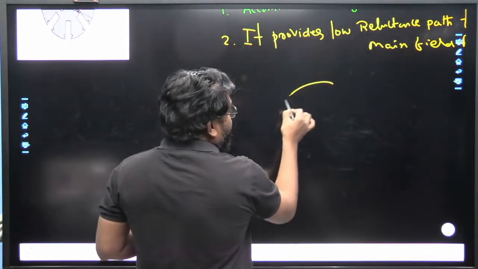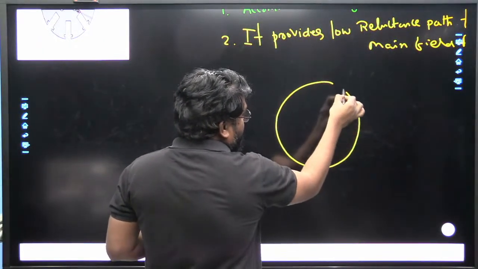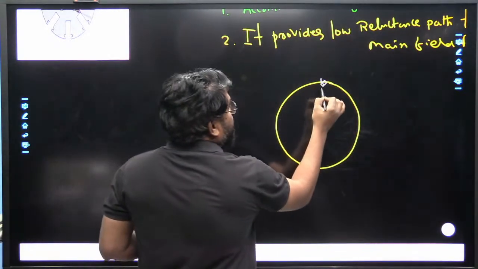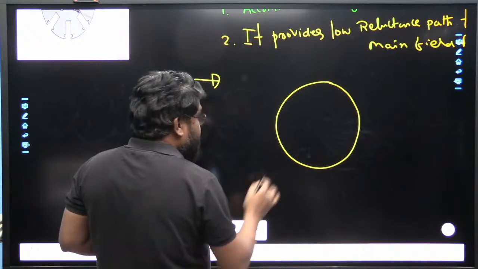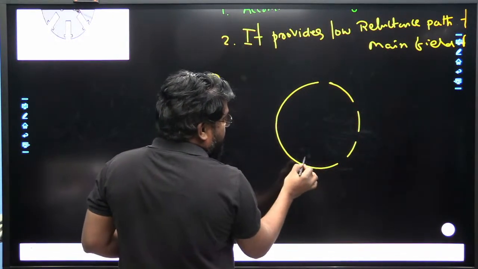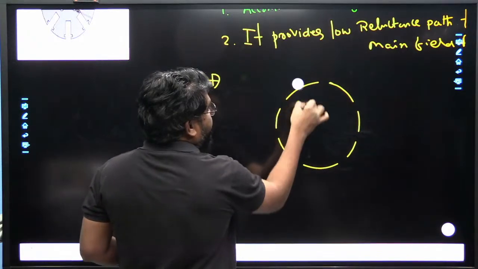Suppose this is the pole core. It is designed with slots, like this. So 1 slot, 2 slot, 3 slot, 4, 5, 6 and 7 slot.